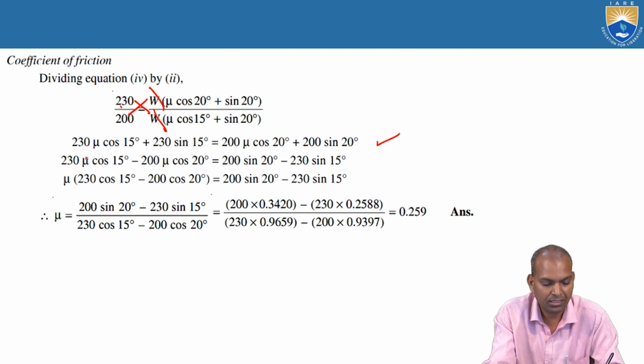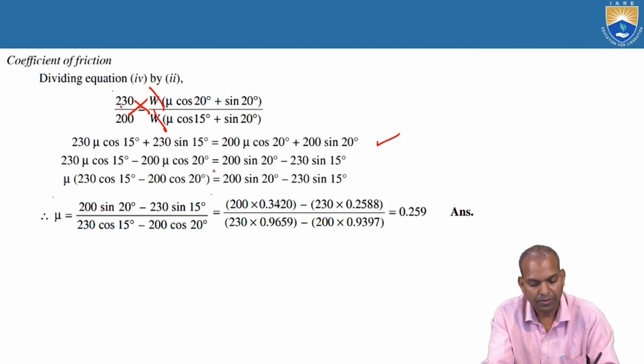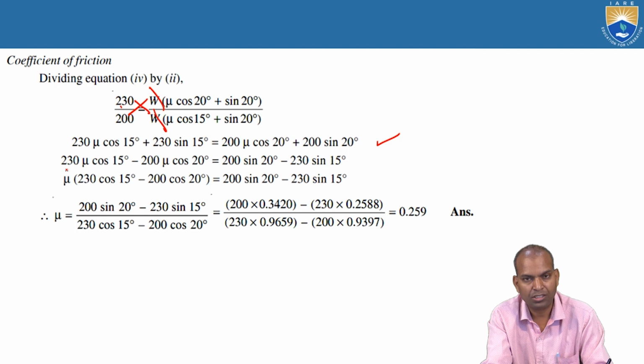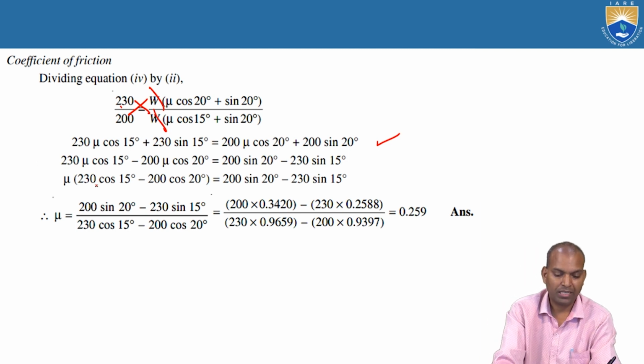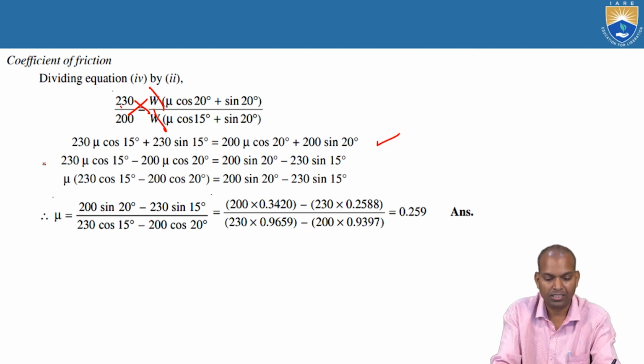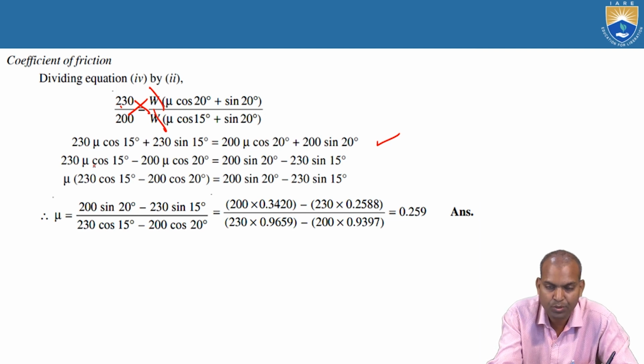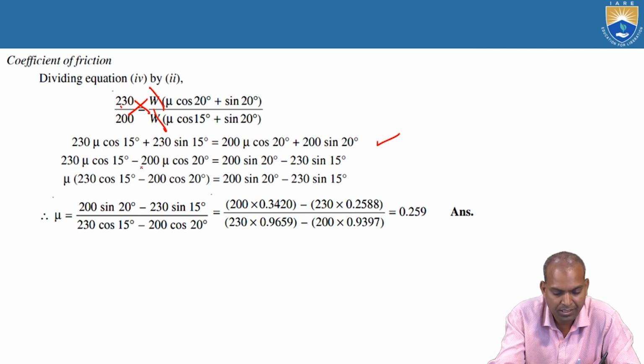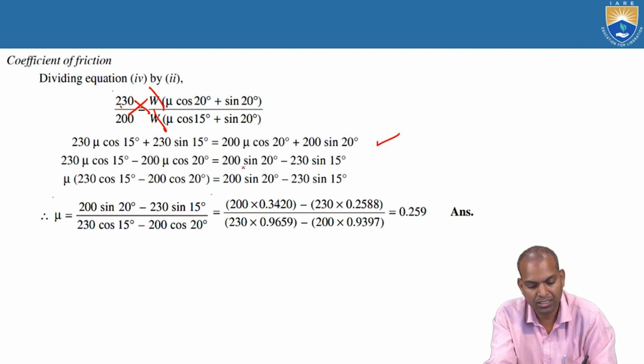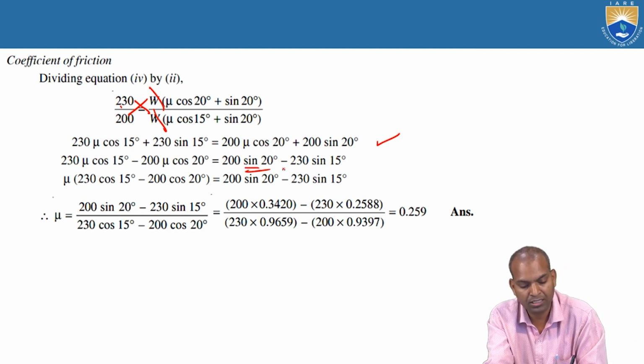Now put the cos terms on the left side and the sin terms on the right side. That is 230 mu cos 15 degrees minus 200 mu cos 20 degrees equals 200 sin 20 degrees minus 230 sin 15.